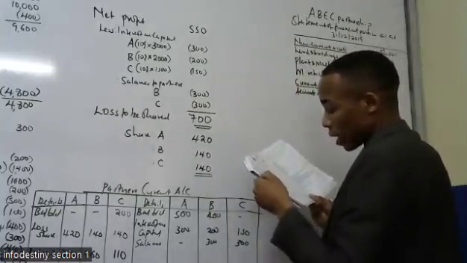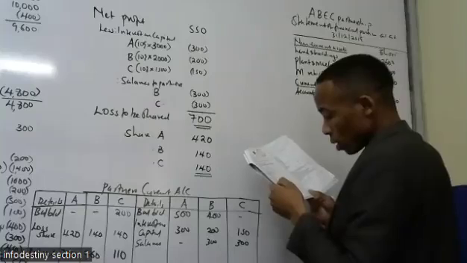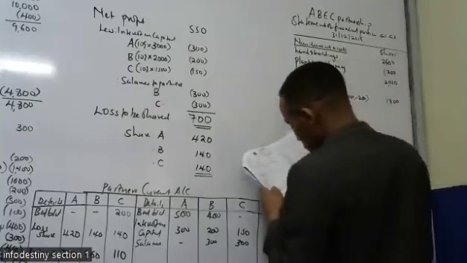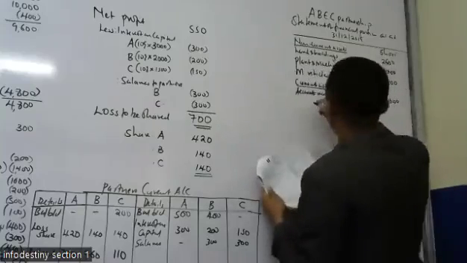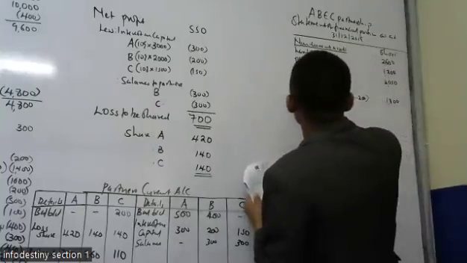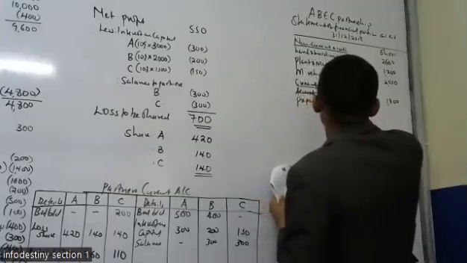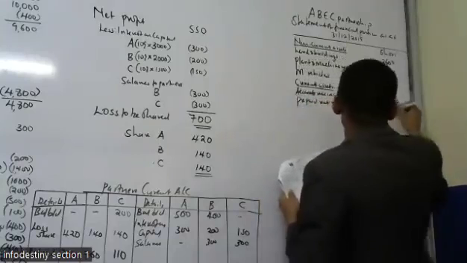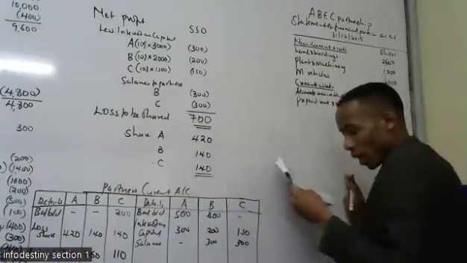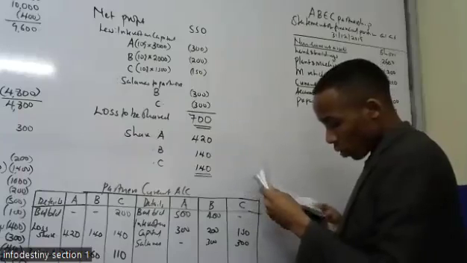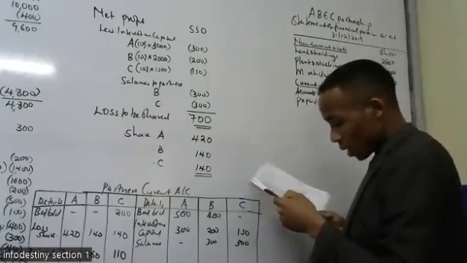Any other asset that we have there in the trial balance? So additional information, prepaid rent and rates of 100. No cash, no balance at bank.